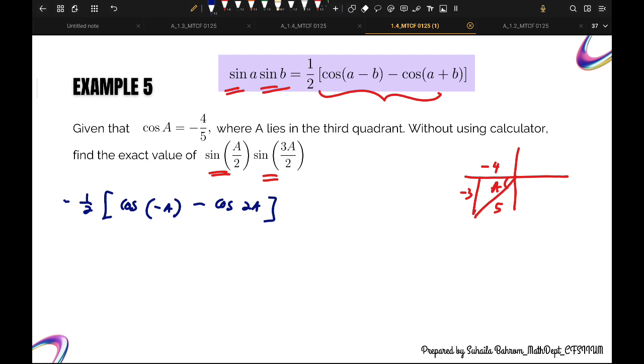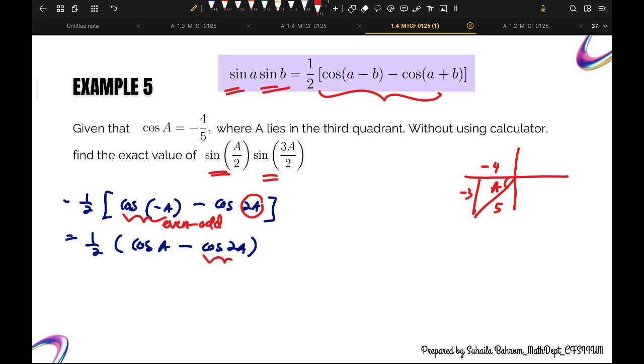So I already subtracted and also added between the two angles. We have a negative angle here, so always apply the even odd properties for cos negative A. We will get positive cos A. So half, and then cos A, and then this one is cos 2A. Please don't change the angle 2A to become A.